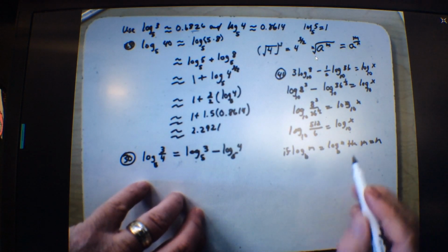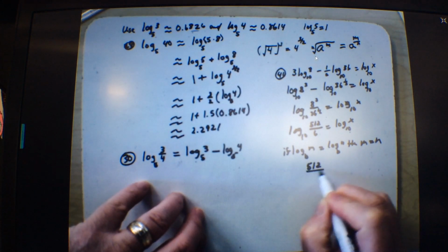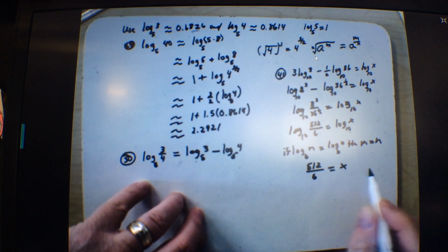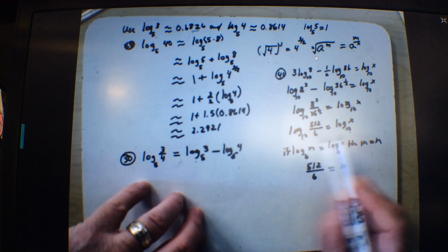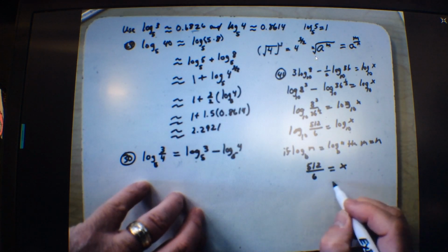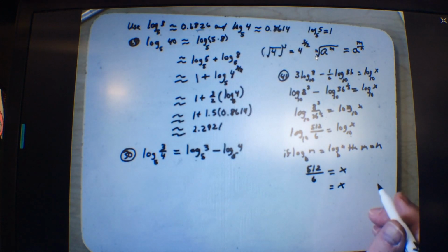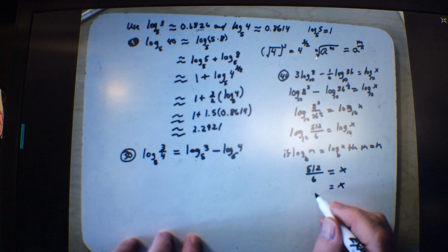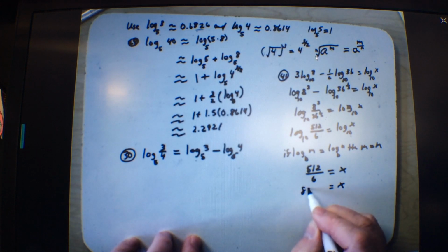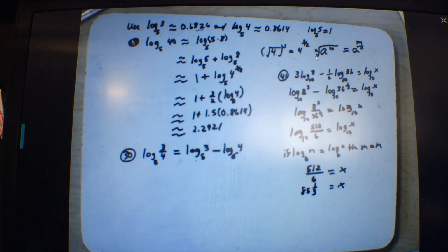So I get 512 over 6 must equal x because the logs are the same and they have the same base. So x equals 512 divided by 6, which I believe is 85.33, or 85 1/3. Okay? Do you understand?